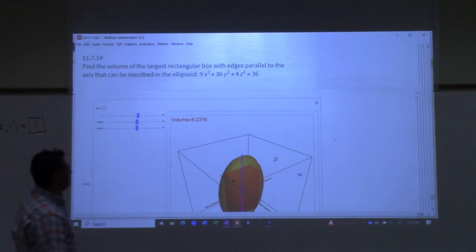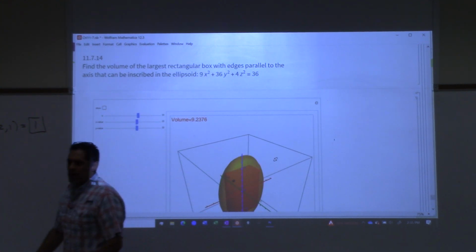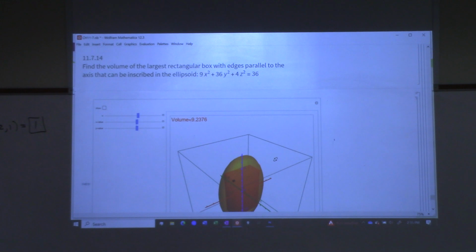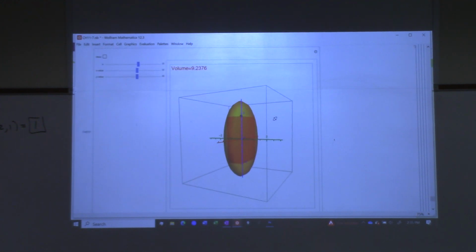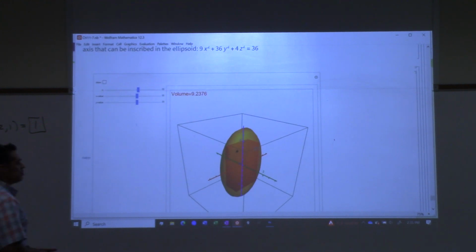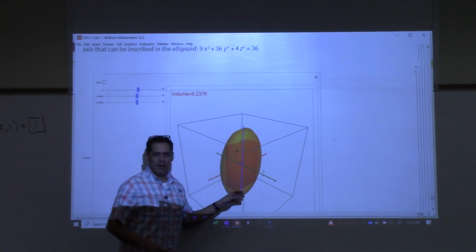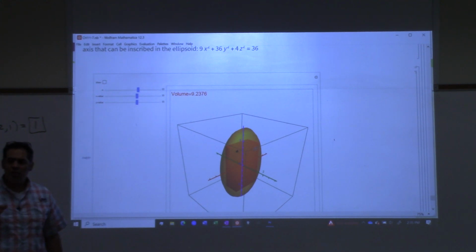Okay, 5 minutes. I want to show you a problem here where, everything's been pretty good up to this point in terms of our differentiation being pretty okay, right? Partials have been okay. Here's a problem where what we have is an ellipsoid, that egg-looking shape. And what I want to do is inscribe into this ellipsoid a rectangular box, and try to figure out the box that I can put in there that has the maximum volume, right?